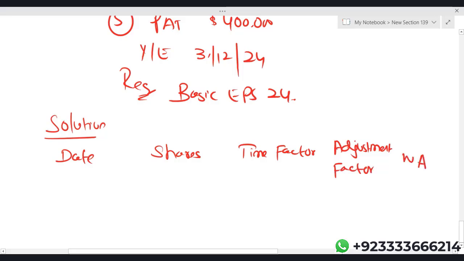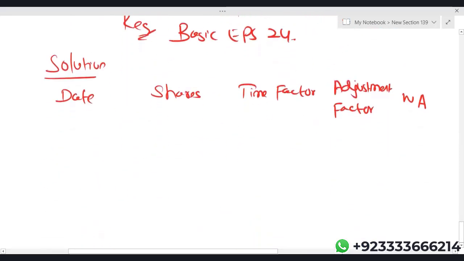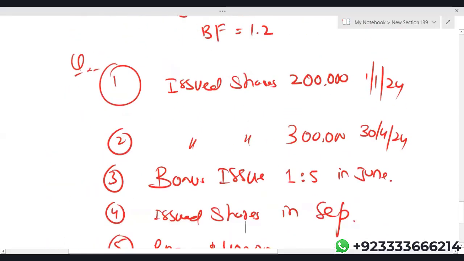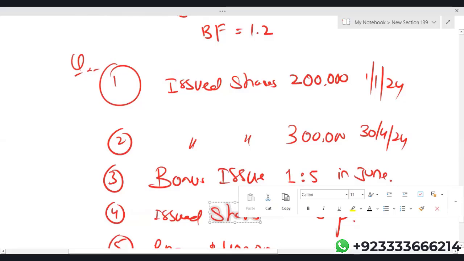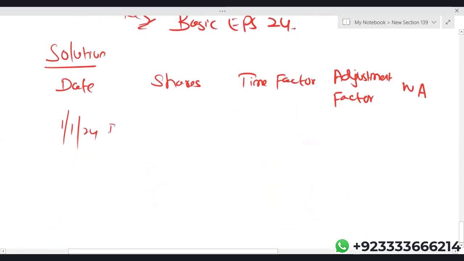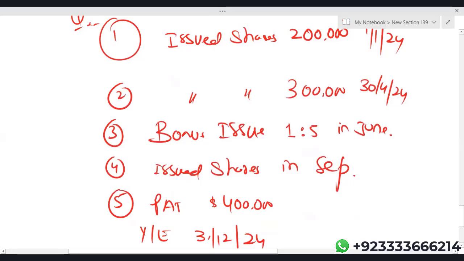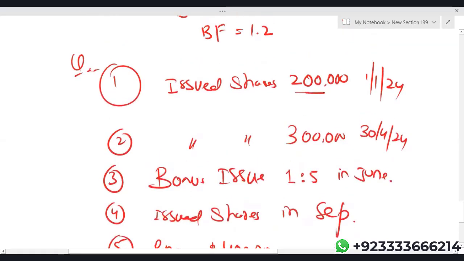Weighted average. On 1/1/24, shares issued are 200,000.